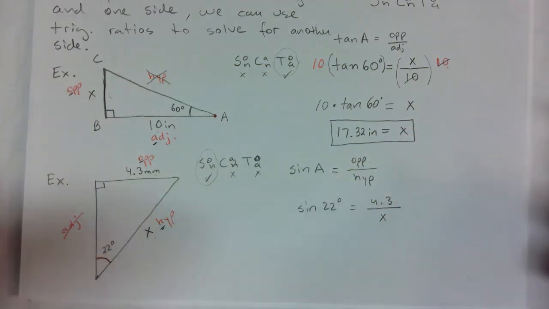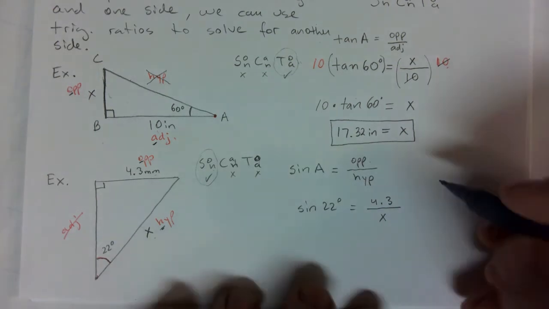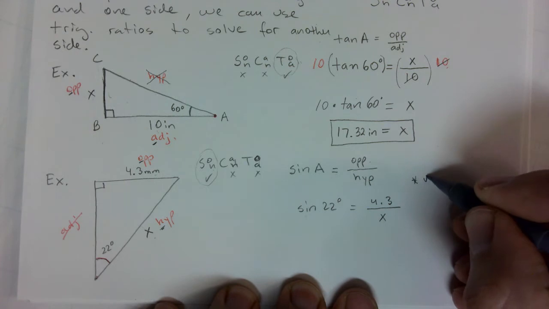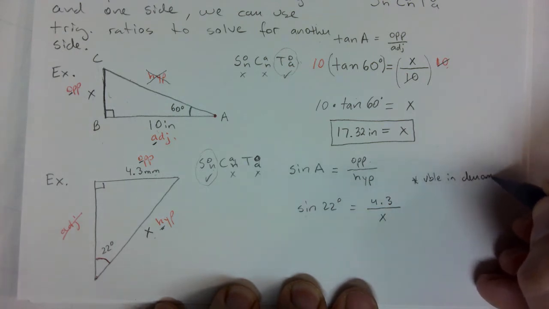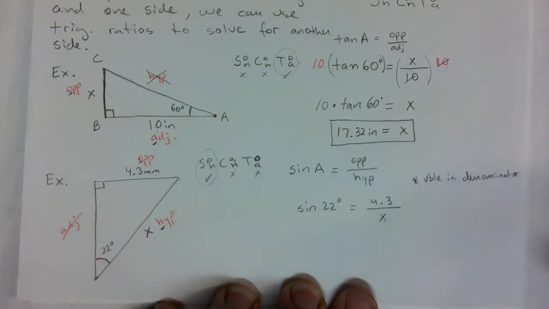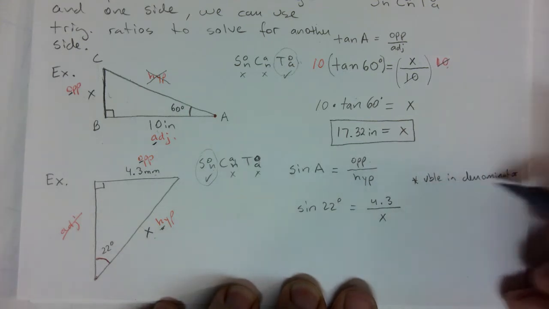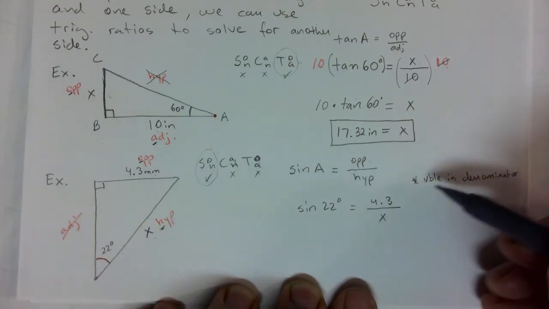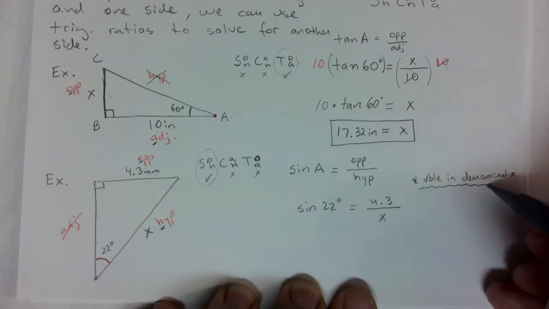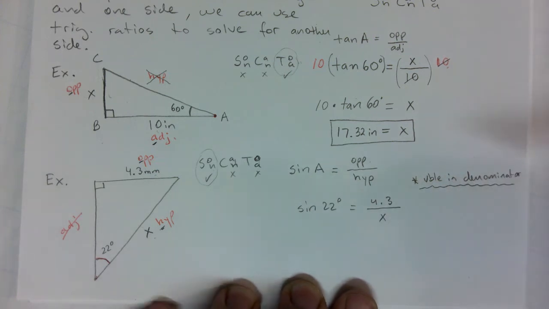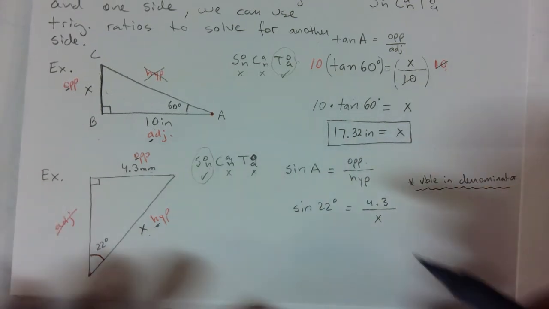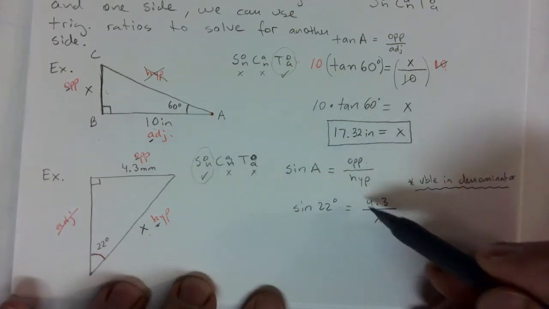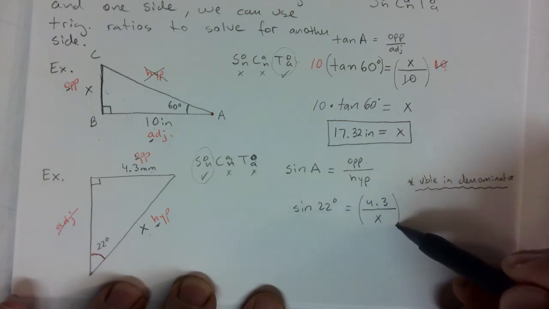Okay, so in this case, the variable is in the denominator. Variable in denominator. So watch out for that, right? And so now we're going to do some work with it. So what we do is, whatever's in the denominator, we multiply both sides by it.